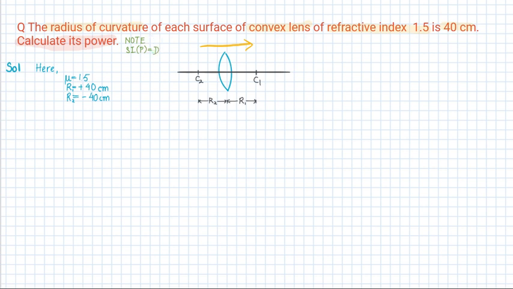Now diopter in turn equals 1 by meter. So we are dealing with the MKS system, but your hints are given in the CGS system. So in order to calculate the power, you have to convert CGS to MKS. Can you see this is given in centimeter? You have to convert it into meter in order to avoid any mistakes.